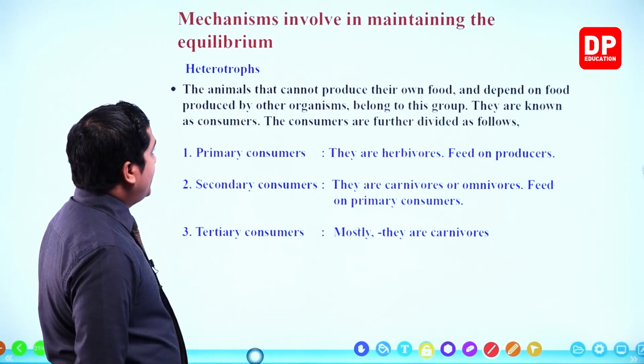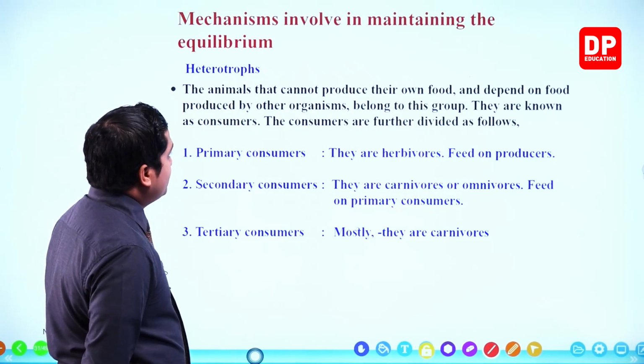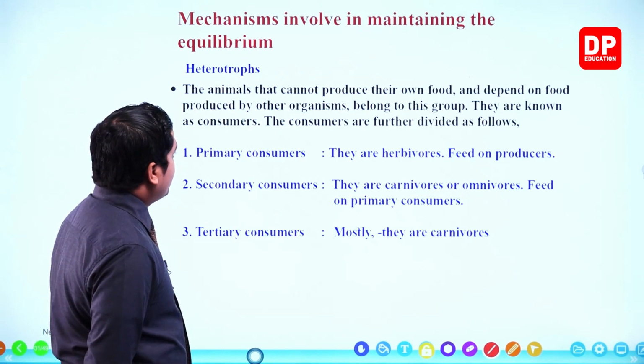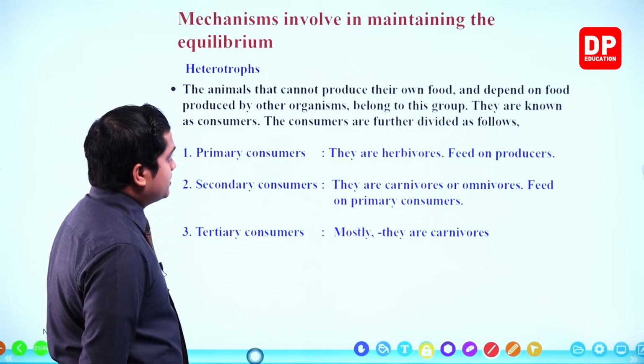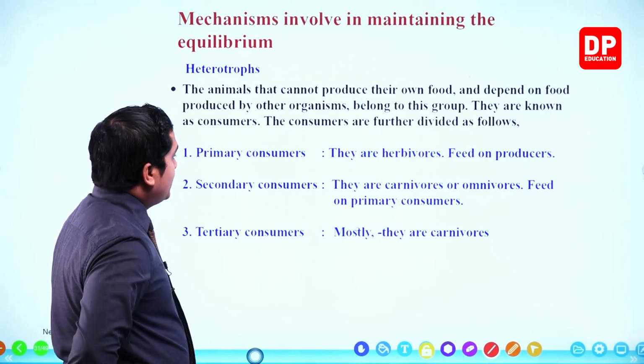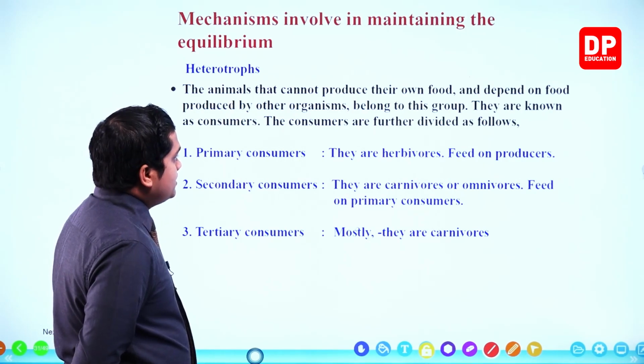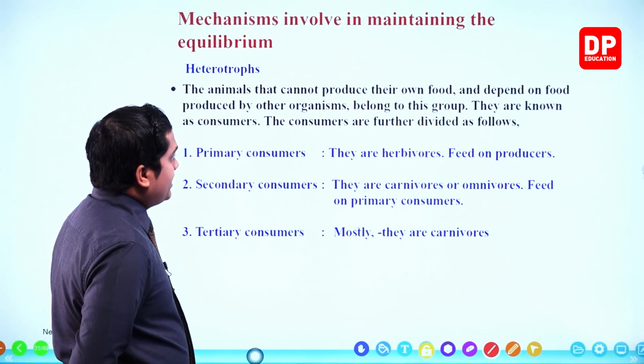Then, my dear children, heterotrophs. The animals that cannot produce their own food and depend on food produced by other organisms belong to this group. They are known as consumers. The consumers are further divided as follows.